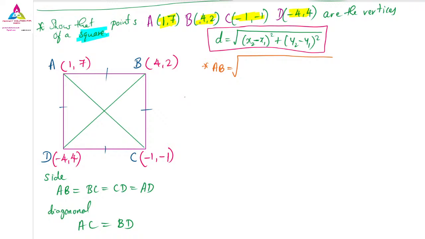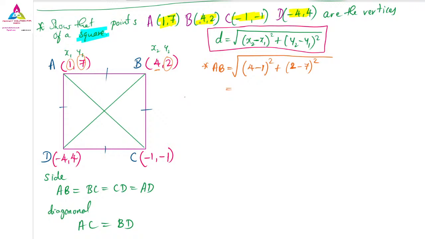AB we are talking about, so let us take this as x2 and y2, and this one as x1 and y1. This is how to compare and directly write down the value. X2 value is how much? 4. X1 value is how much? 1. The whole square. Plus y2 value is how much? 2. Minus 7, the y1, the whole square. See, directly write down the values. You have to do this calculation in your mind.